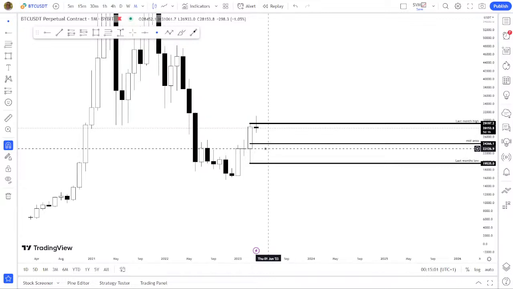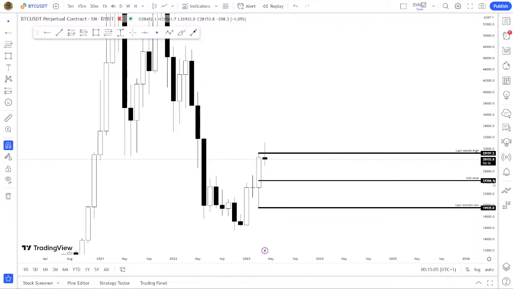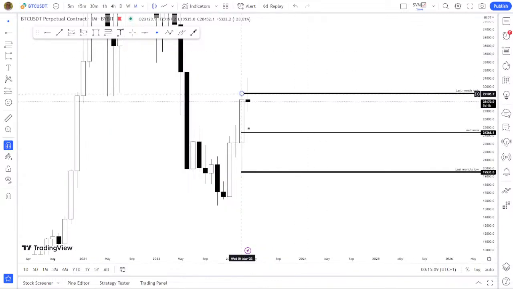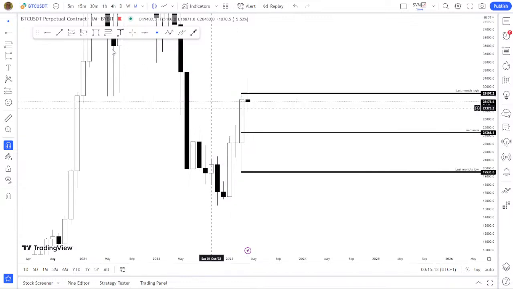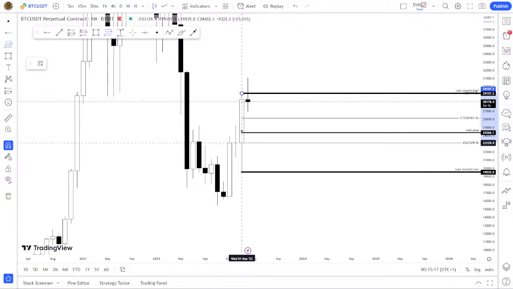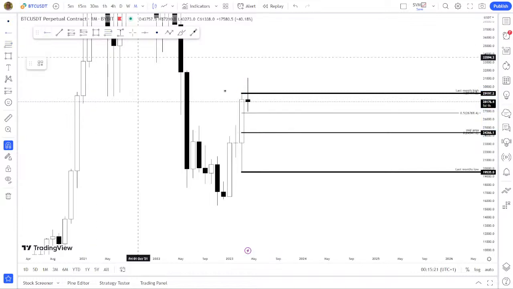So now you can also divide this into ranges too. This and this, you can divide it and find the midpoint, because price most likely respects the midpoint of that area. So let me place a line there.